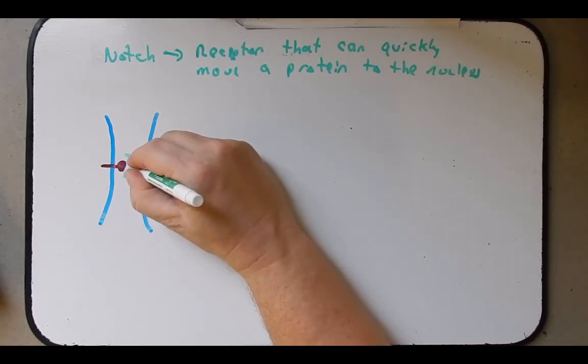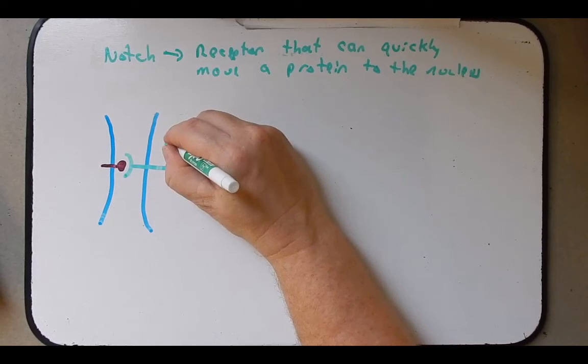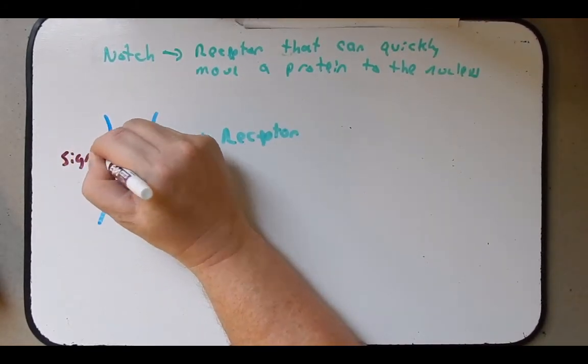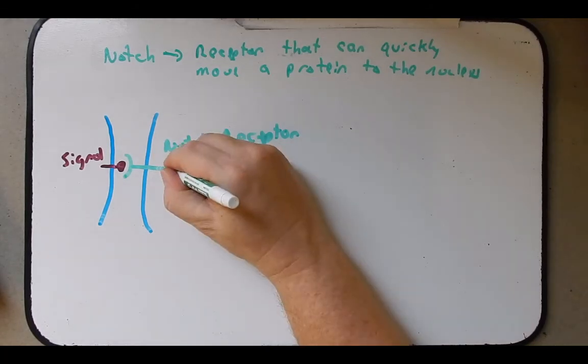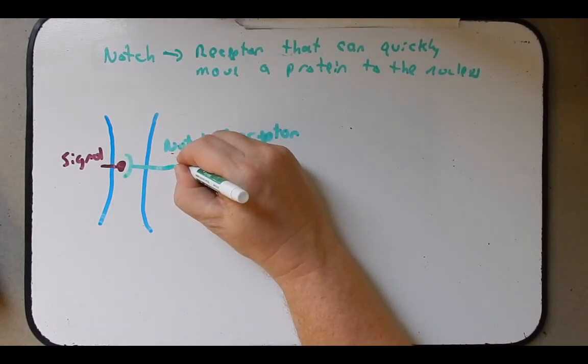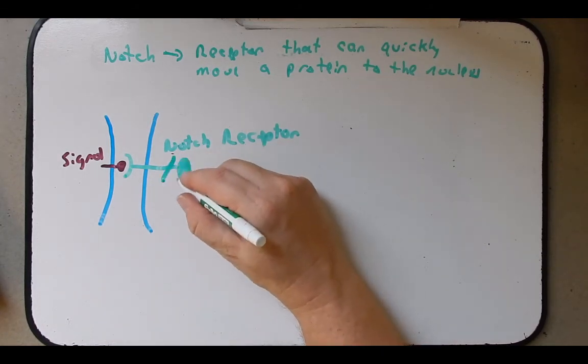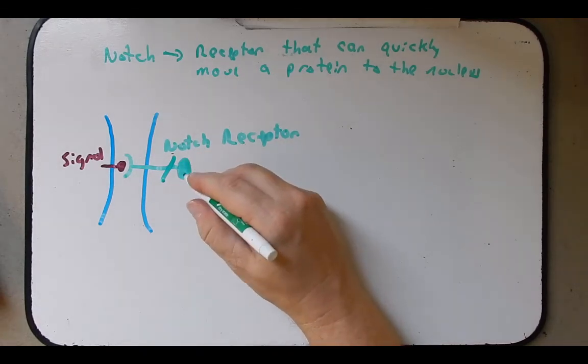It will bind directly to this Notch receptor. And again, remember this was the signal on this cell. Now, the Notch receptor has an interesting domain here that, when activated by this signal here, will be cleaved off, releasing this terminal part of the protein.